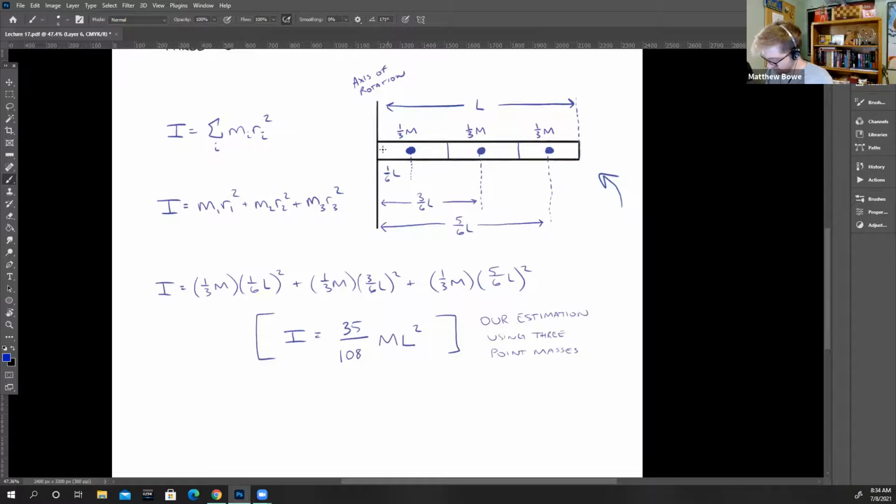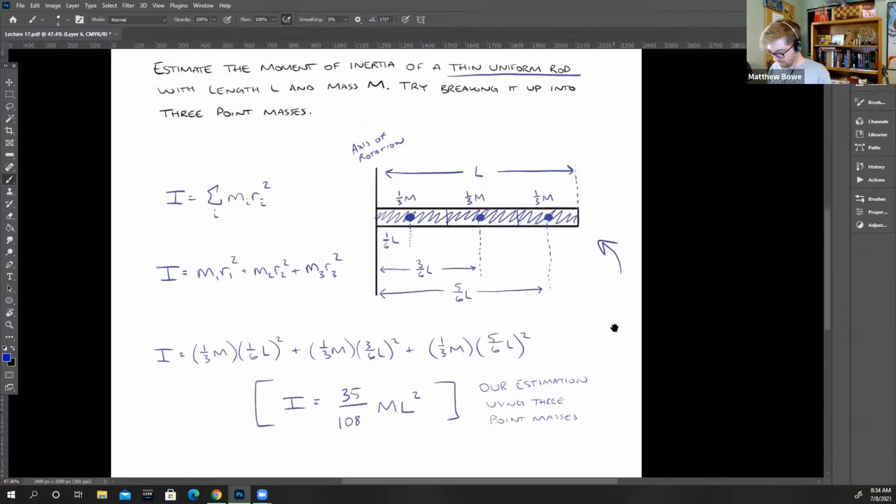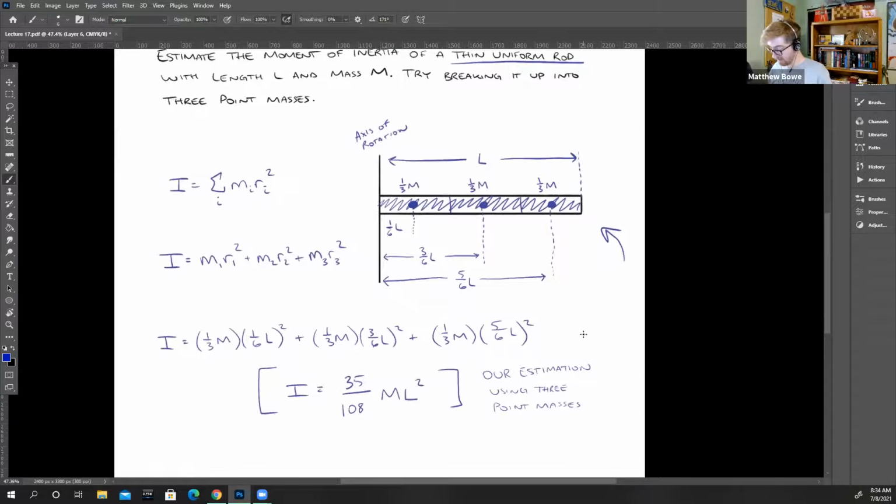This object, this solid, uniformly thin rod with length L, mass M, is not 3 point masses. There's not all the mass here, all the mass here, all the mass here. It's a continuous object.